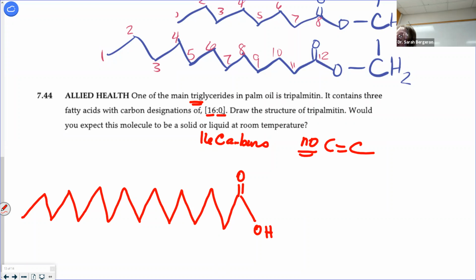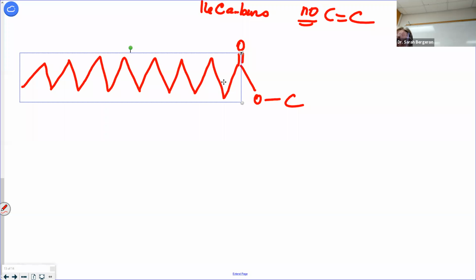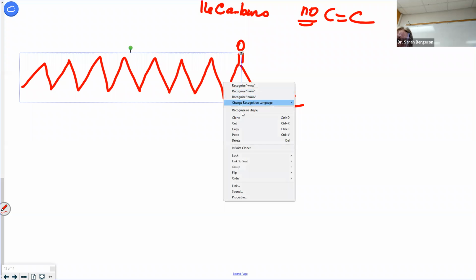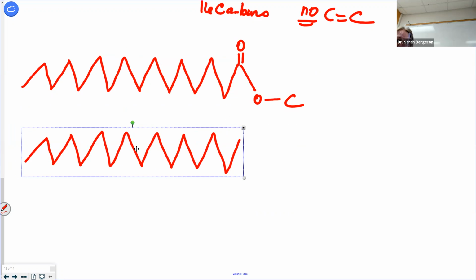So instead of being bound to an alcohol, I'm bound to the glycerol, right? So you just take off the hydrogen and you bind it to a carbon. Ooh, let me extend the page. I wonder if I can copy that. Copy, paste. Okay, well, at least we got the tail, right?